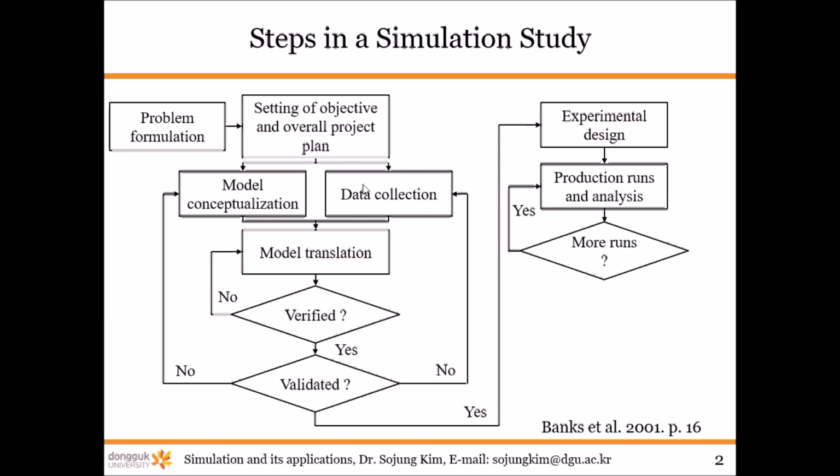Okay, if you need more simulation runs, definitely you need to run the simulation multiple times, yes. And if you need to conduct an additional experiment, definitely you need to change your experiment plan, so you can conduct the experiment again, right?